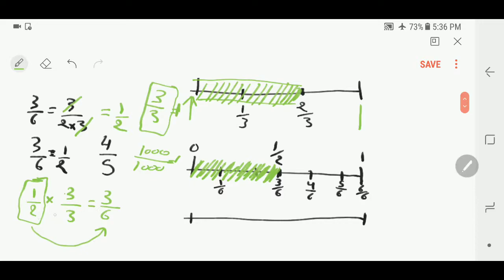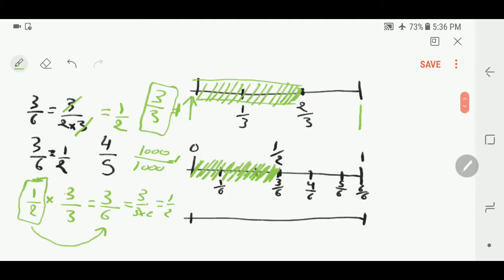We just change how it looks. If we simplify it again, 3 over 6 equals 3 over 3 times 2, which equals 1 over 2. We go back to the same one, right?